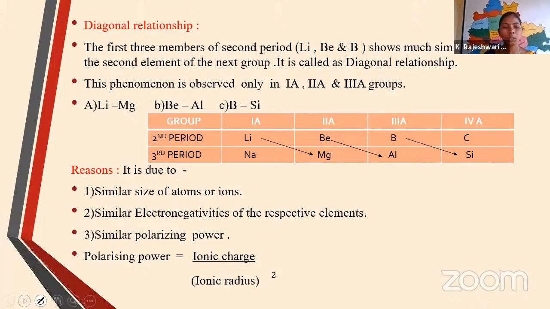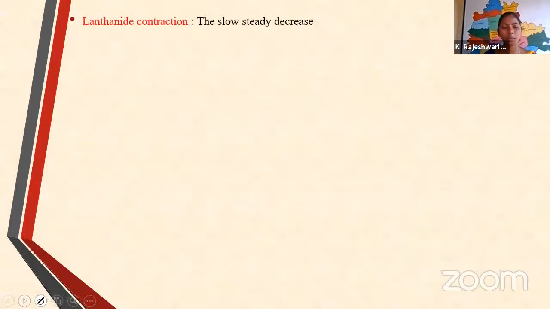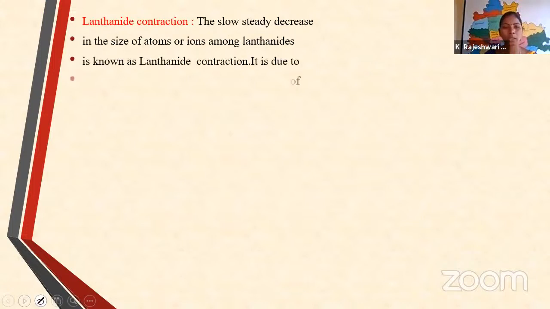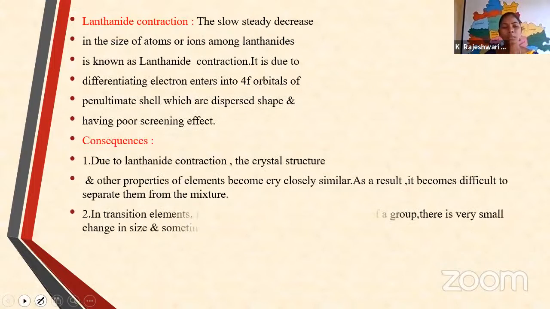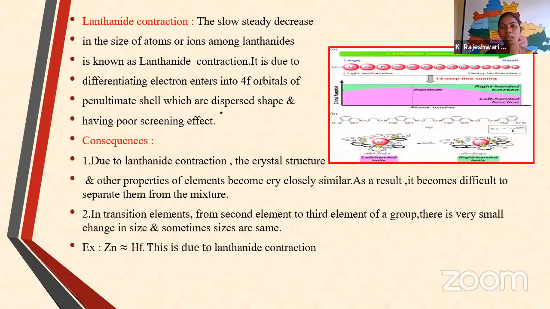Now let us see the next important answer from this chapter, lanthanide contraction. Very, very important answer. What is lanthanide contraction? Let us understand. Lanthanides means the 4f series elements, which we have already seen. They are present at the bottom of the periodic table.